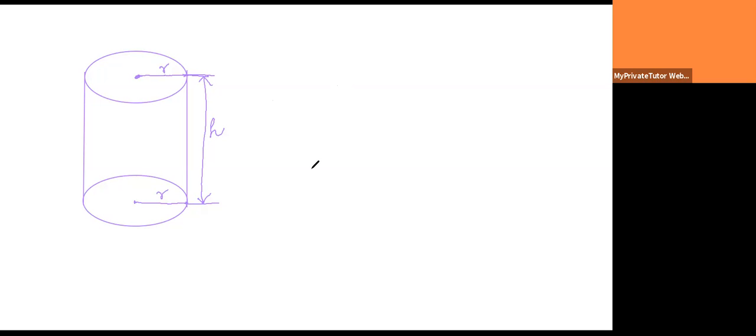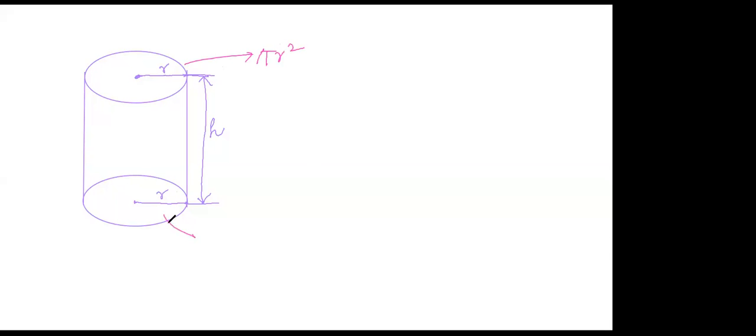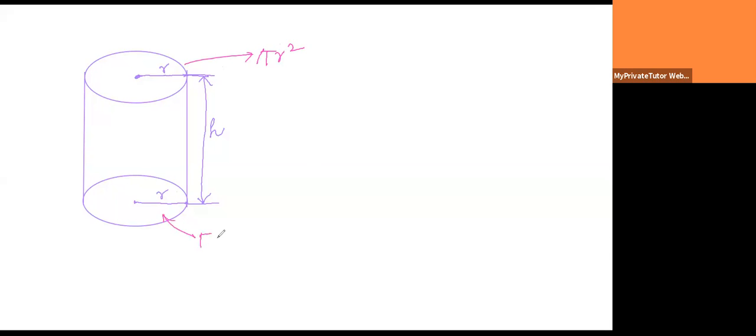Let me write this one. It looks like a circle, isn't it? So what is the area of a circle? Pi r square. This one is one more pi r square. Pi r square, the area of the circle I'm talking about, and then the remaining shape. It has a rectangle in it.